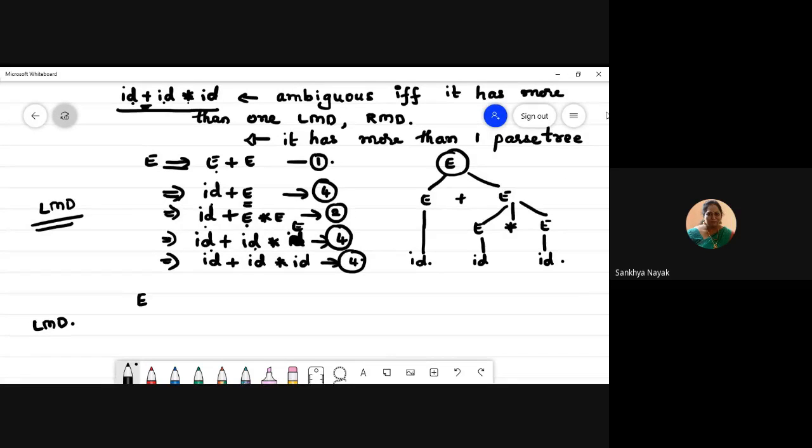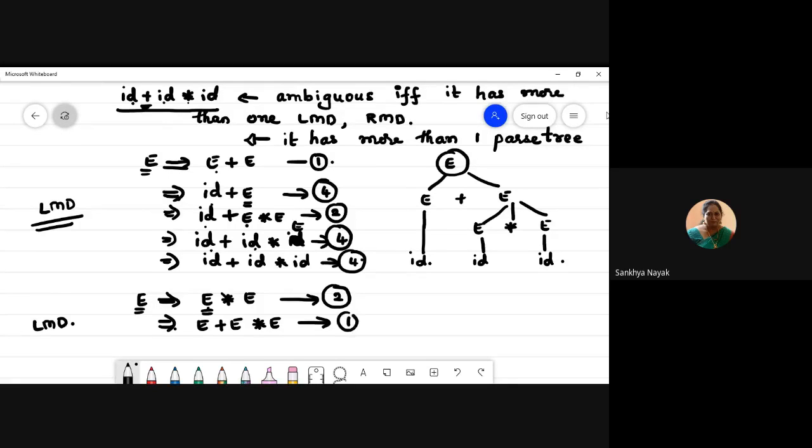So I can start from any starting productions where here starting symbol is E. So instead of starting with E plus E, I will start with E star E. Okay, this was production 2. Okay. Now here I want plus. So this E I will expand as E plus E and star E. Correct?